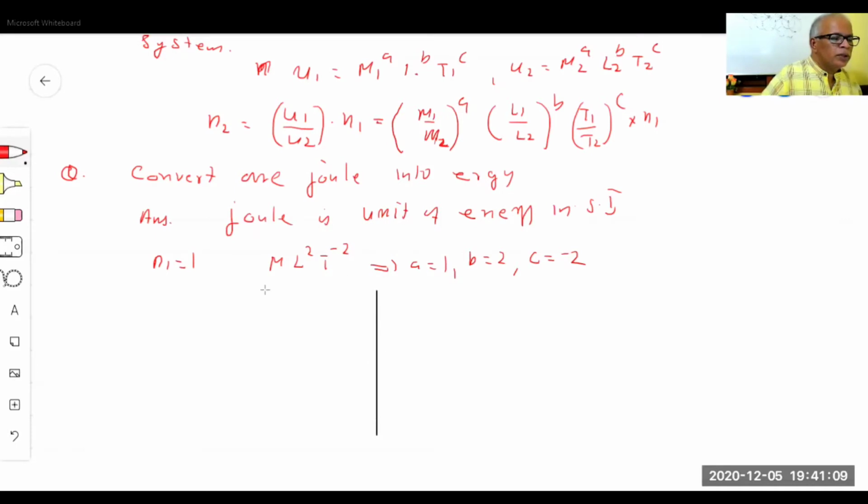For joule in SI, M1 is equal to 1 kilogram, 1000 gram.